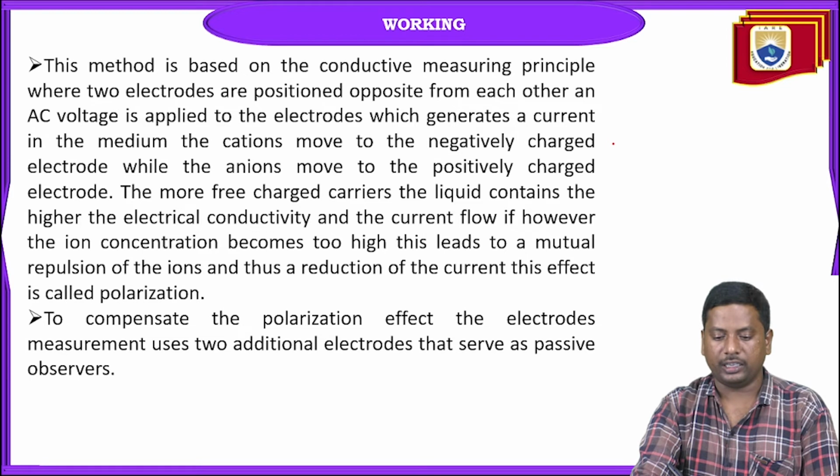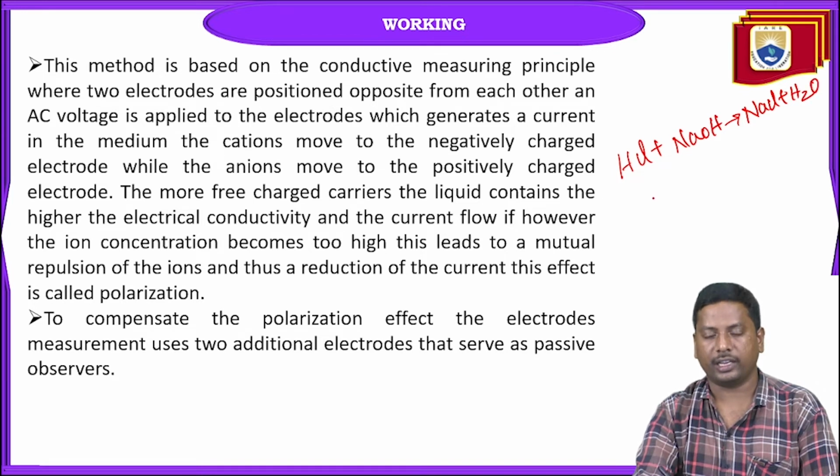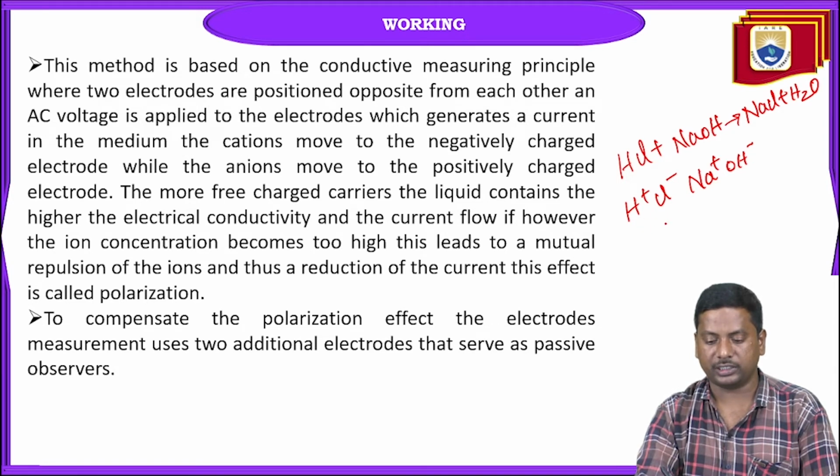For example, when an acid and a base react, HCl plus NaOH gives NaCl plus water. Initially HCl dissociates into H+ and Cl- ions, and NaOH into Na+ and OH- ions, and finally these are linked with the oppositely charged ions.